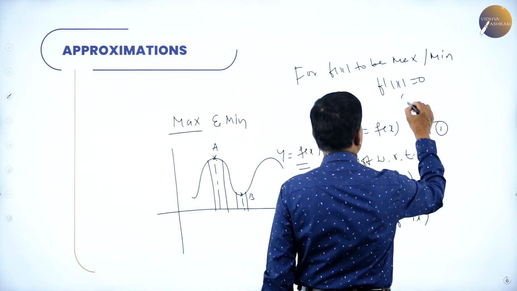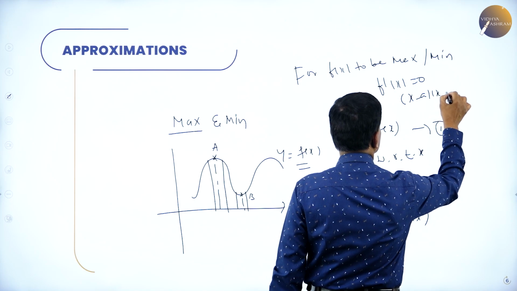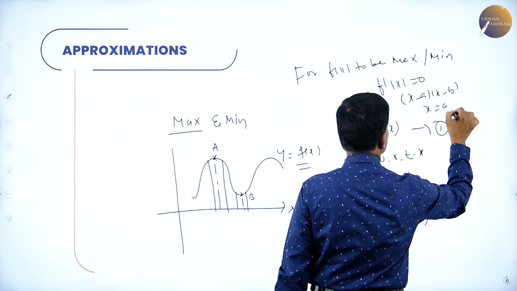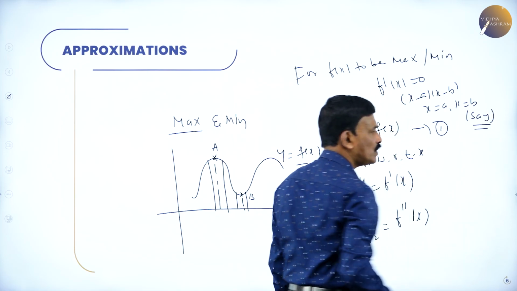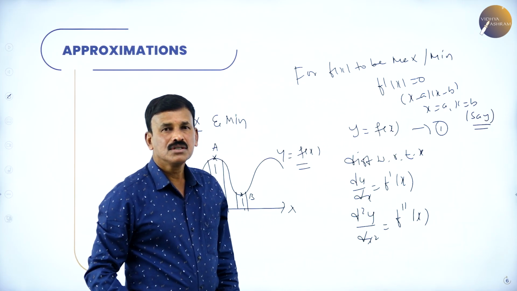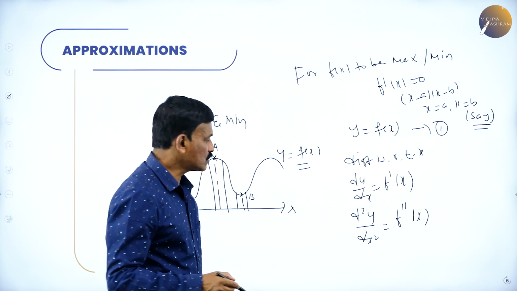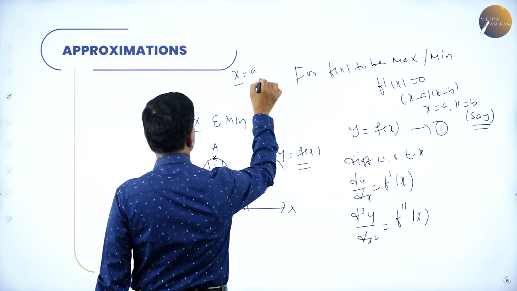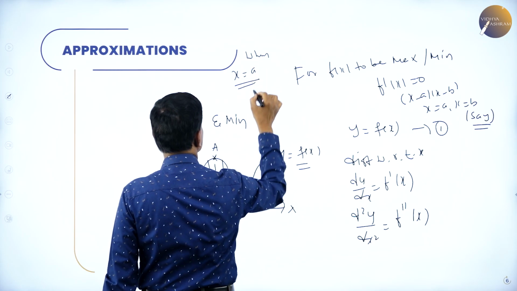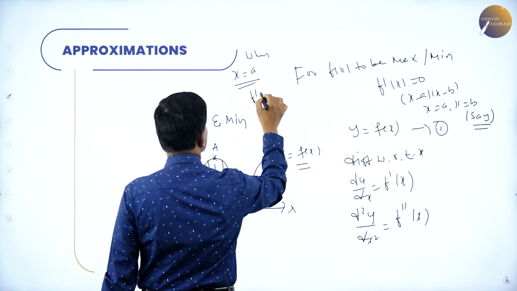Say suppose you get x minus a into x minus b, that is x is equal to a and x is equal to b, you will get two values, right? So now at x is equal to a, f dash x is 0.